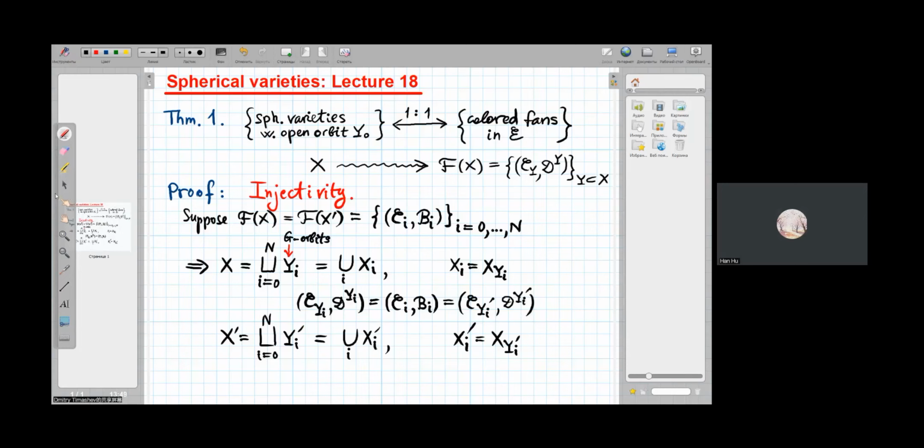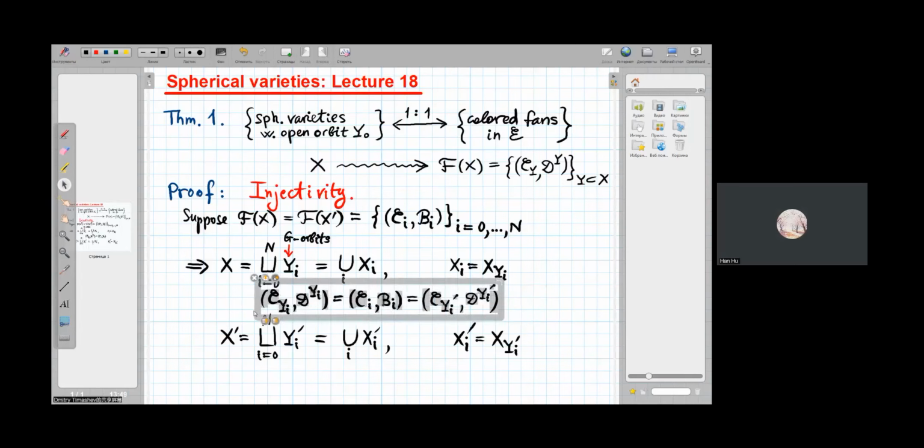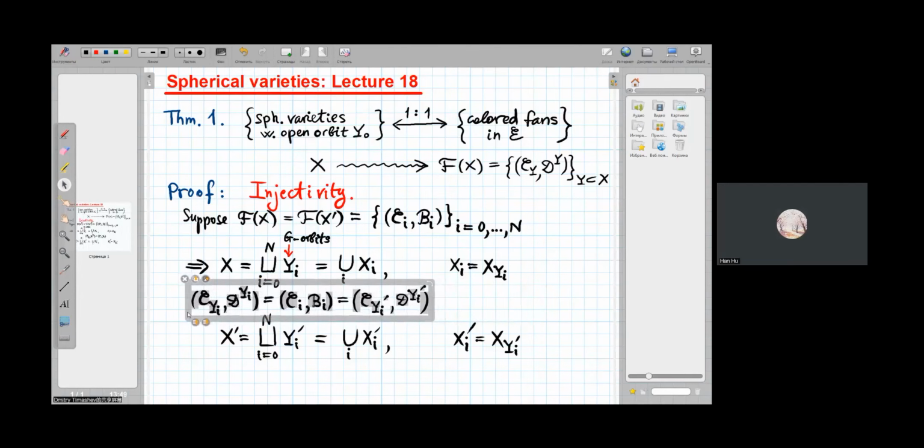Okay, now I will move it a little bit to the left for convenience. Let me put it here.